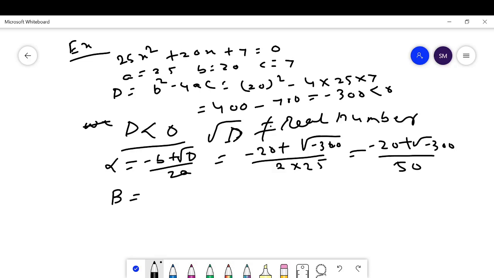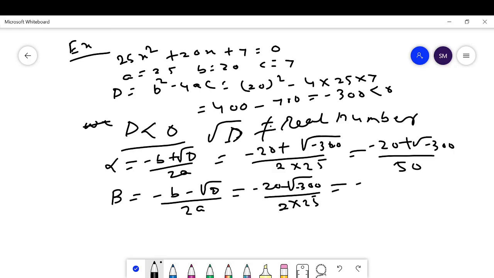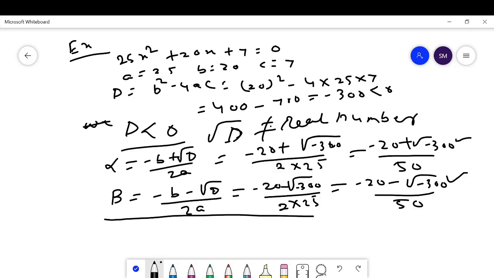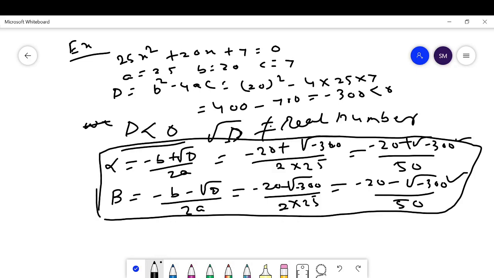Then beta is equal to minus B minus square root of D upon 2A, which equals minus 20 minus square root of minus 300 upon 2 into 25, which equals minus 20 minus square root of minus 300 upon 50. Here we cannot get real roots because D is a negative number. We cannot get real roots of a negative number. By solving these two equations, we come to the conclusion that alpha and beta are imaginary roots of the equation.